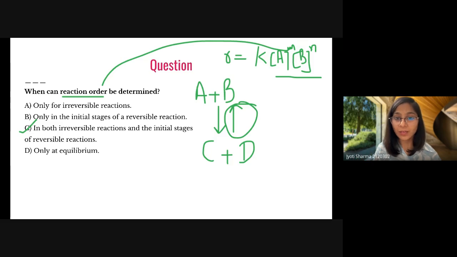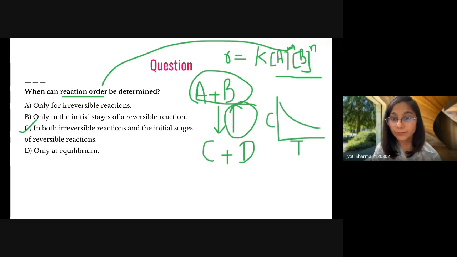Then only can we know the concentration, the time, and the rate of reaction. If it is reversible, the concentration of A and B can't be determined very accurately. So we have to have a reaction that is irreversible in nature.